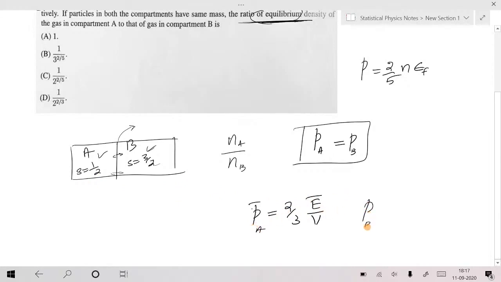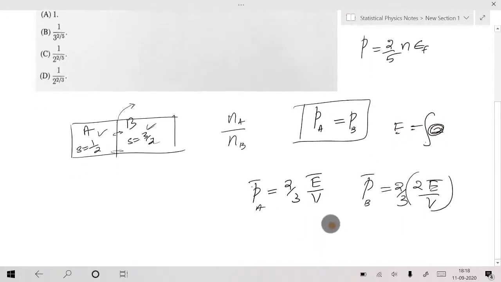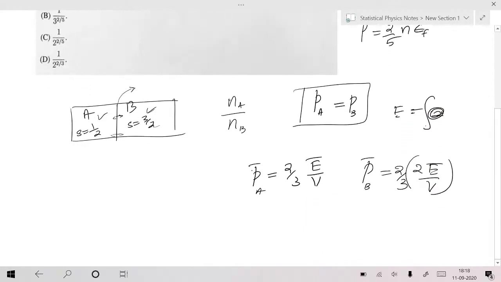The average pressure would be 2 by 3 into, twice of this E bar by V. Why? Because while finding E bar, you should take that degeneracy factor. Am I right? Can I say like this?